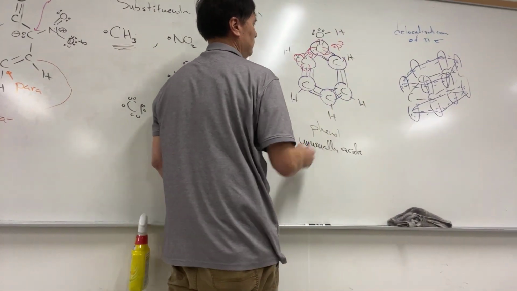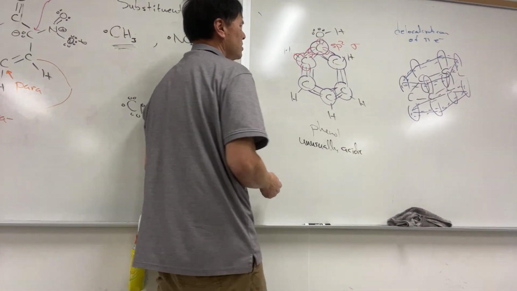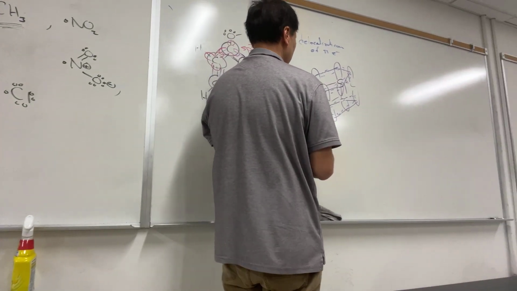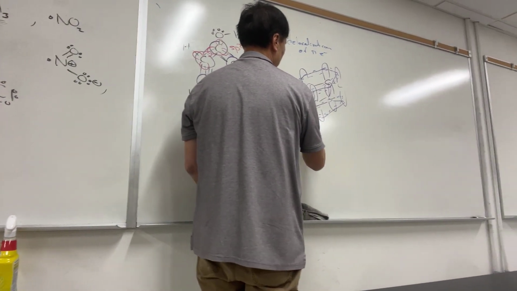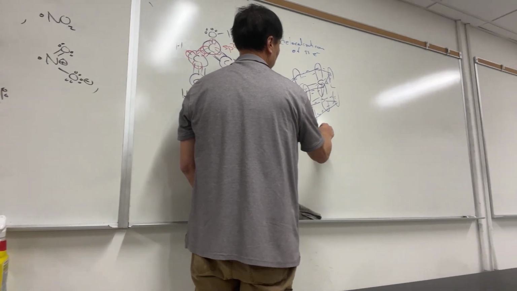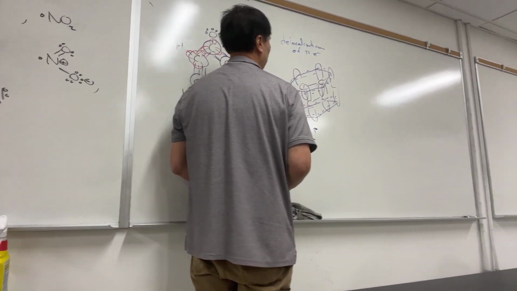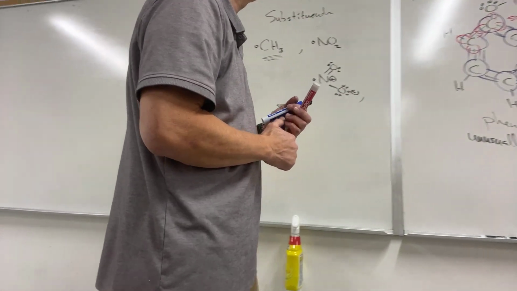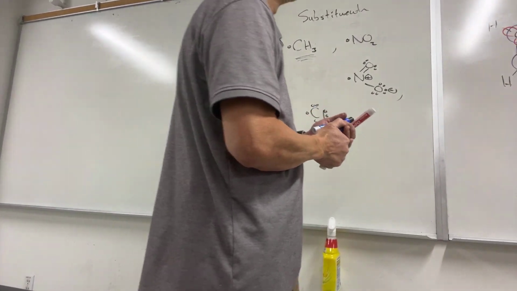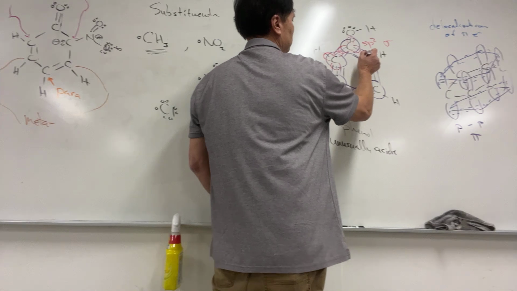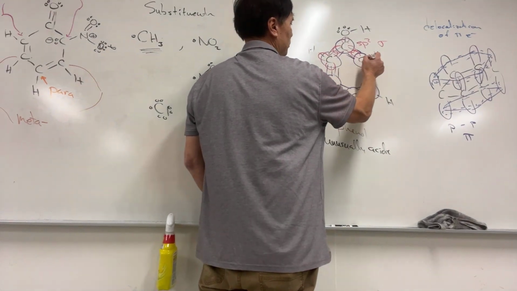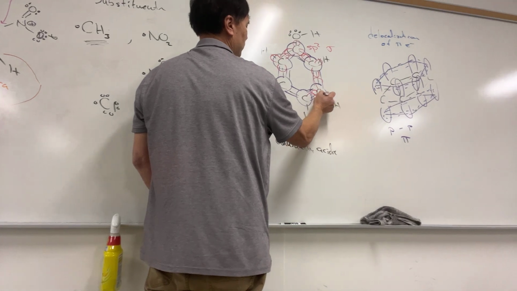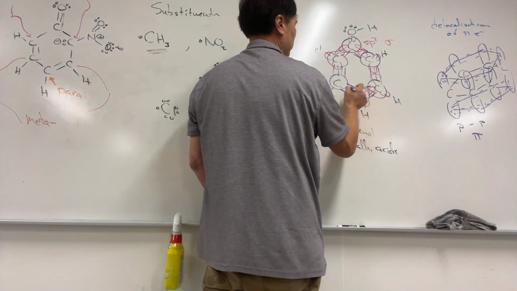This would be the sigma bond. The sigma bonds are going to be localized. However, the pp pi bonds are all going to be delocalized. This would be the pp pi bond, shown in purple here. Probably should have gone with the same color.